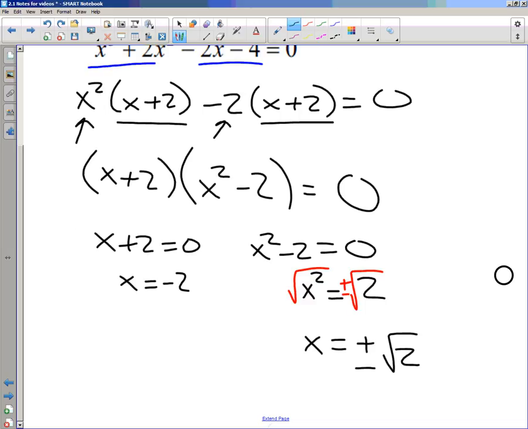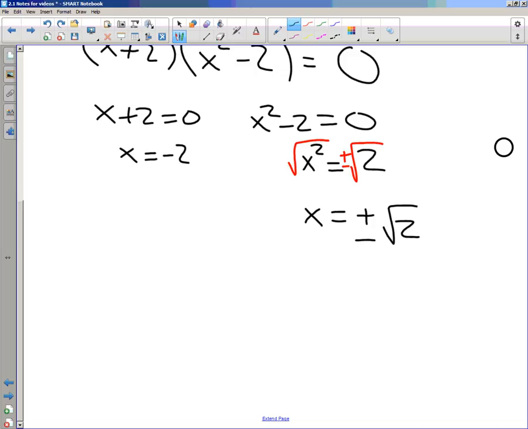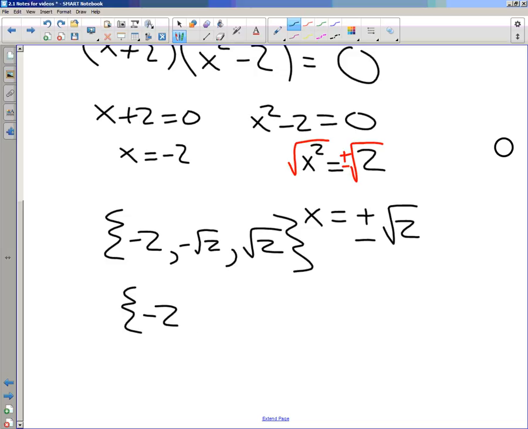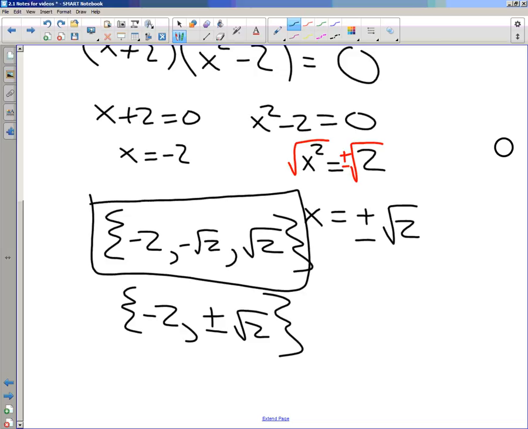So our final solution here, we have 3 distinct solutions. x could be negative 2, it could be negative radical 2, or it could be positive radical 2. Now you could write it that way, or you could write it as negative 2 comma plus or minus radical 2. These 2 things are equivalent to each other, as long as you recognize that there are actually 3 separate solutions to this.